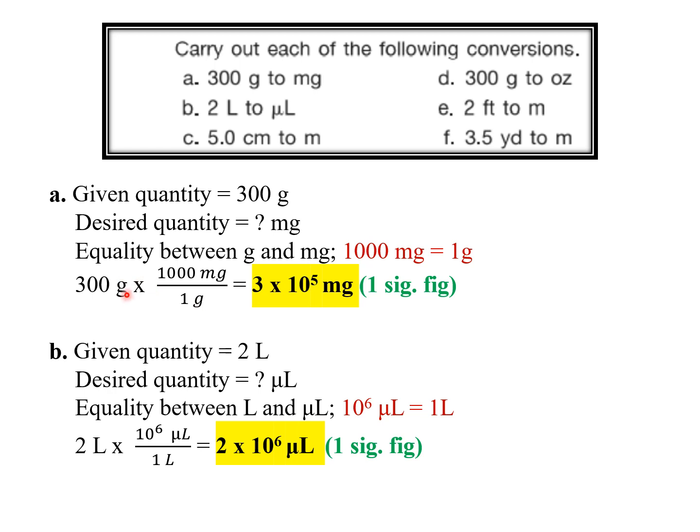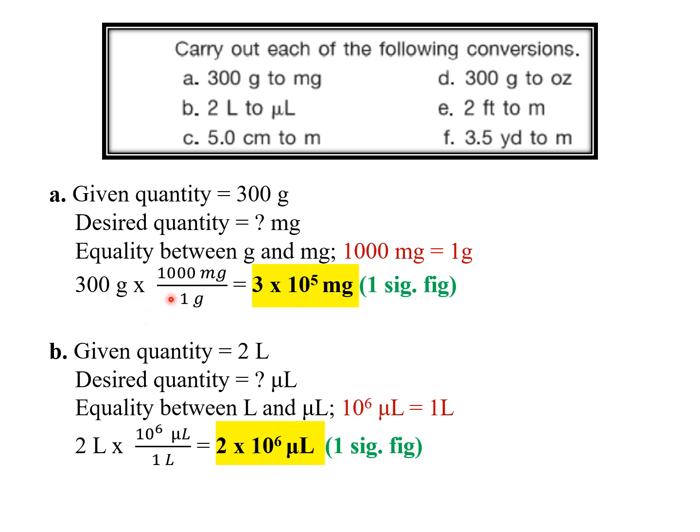Why do we need the same unit in the given quantity and the denominator? Then we can cancel the grams in the given quantity and the denominator, that is the unwanted unit. That way we remove our unwanted unit grams and the remaining unit is milligrams, the desired unit.